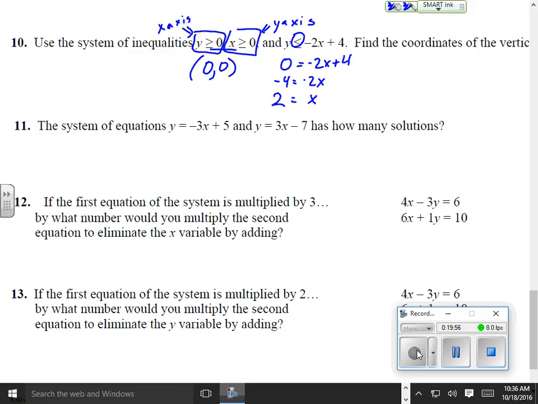So you get 2 is your x value, so the other point would be 2, 0. And when I put 0 in for x, y would be negative 2 times 0 plus 4, 0 plus 4, so 0, 4. Those would be the corners of that feasible region.